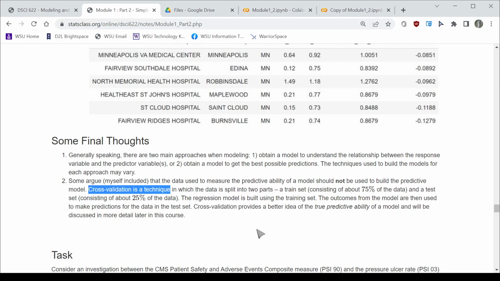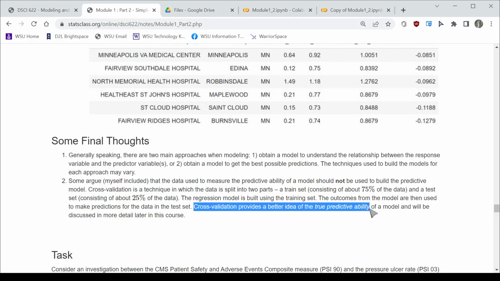A training set, which usually consists of 70 to 80% of the data, is used to build the model, and then a test set, which contains the other 20 to 30% of the data, is used to evaluate the predictions. Cross-validation provides a better idea of the true predictive ability of a model. This concept will be discussed later in this course. It wasn't used here, but we will talk about that later in the course.